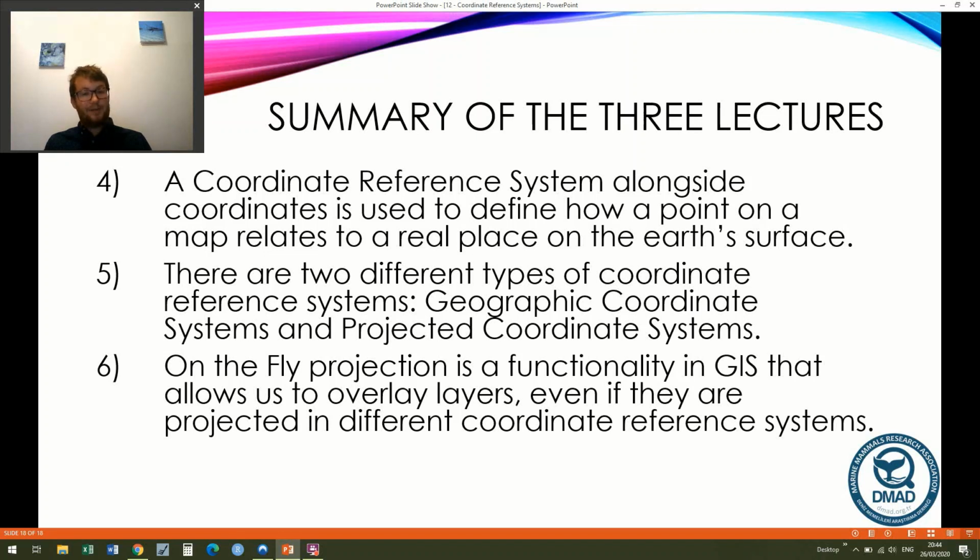And finally, on-the-fly projection is a functionality in GIS that allows us to overlay different layers, even if they're projected into different coordinate reference systems. So it's a tool that didn't exist a decade ago, that just makes everything a lot more simple for us.